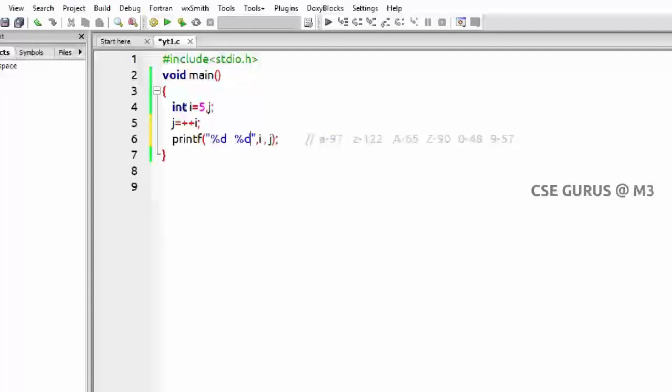Pre-increment means first it will increment the value, so 5 will become 6 here. That 6 will be assigned to j. So the i value became 6, and then that value will be assigned to j. So both have to be 6, right? You can see the output.